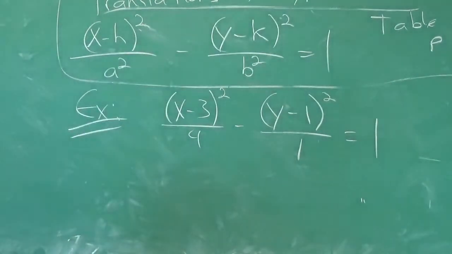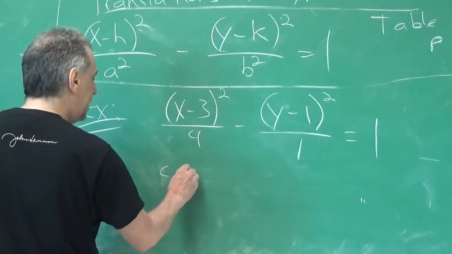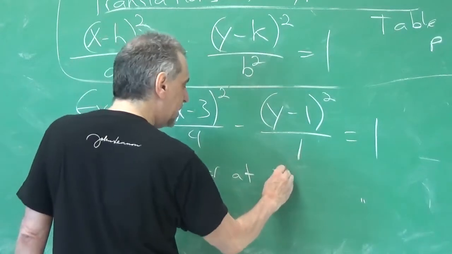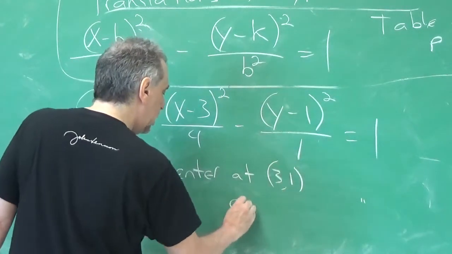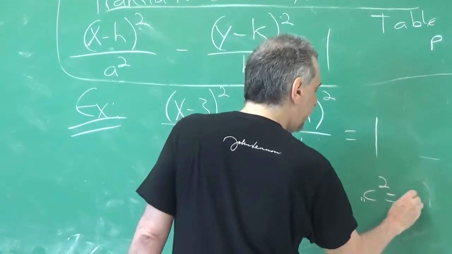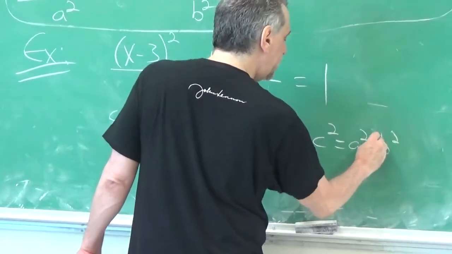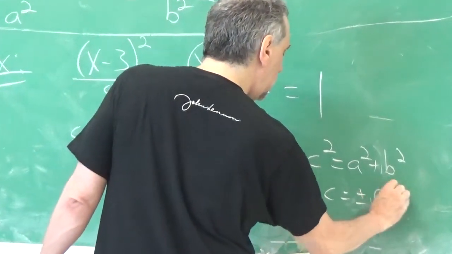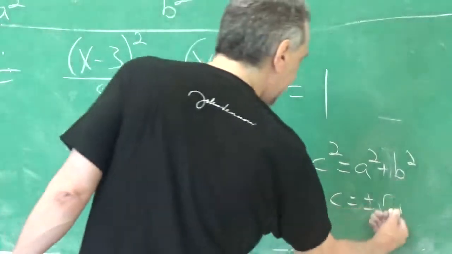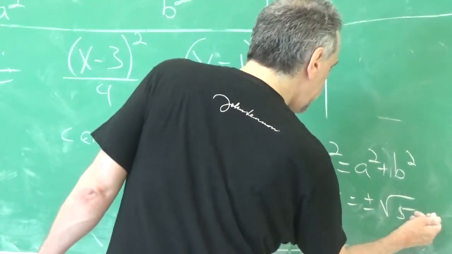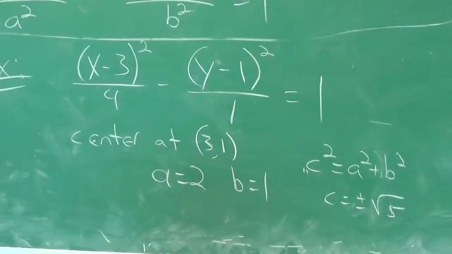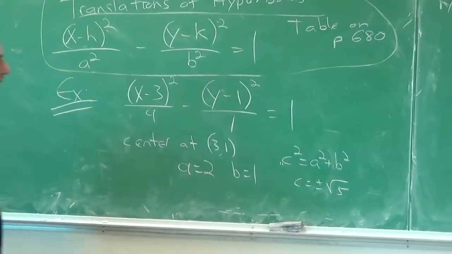We can say the center is at positive 3, positive 1. Our a value is 2, our b value is 1, so we find the c value just like in the previous example, and we get plus and minus square root of 5. A squared 4 plus b squared 1 gives us 5, square root of 5 gives us the c value.